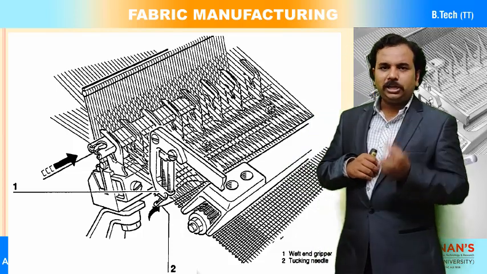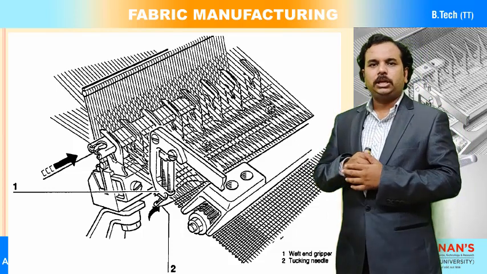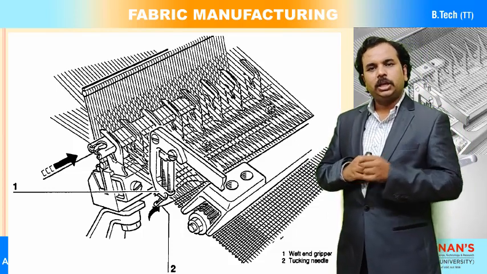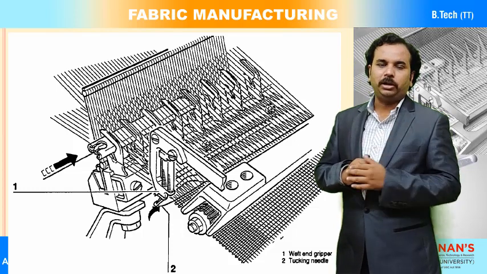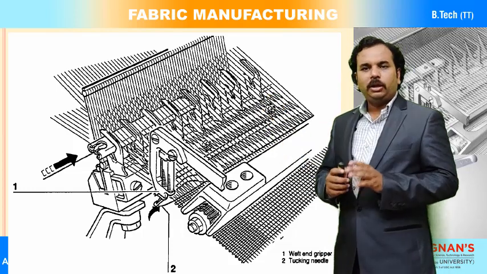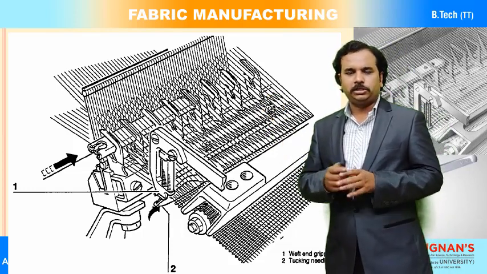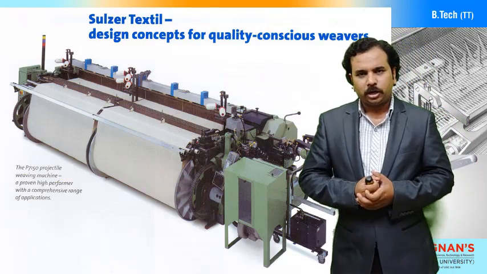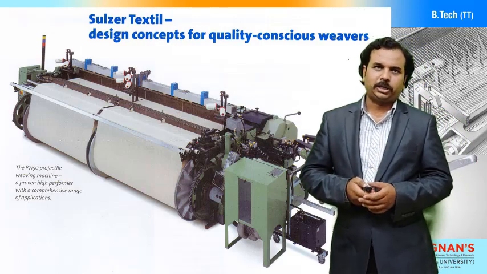So the density at selvages in the case of tucked in selvages becomes double. And in the body, you can observe that it is normal. Okay. And this is the whole machine of Sulzer projectile.